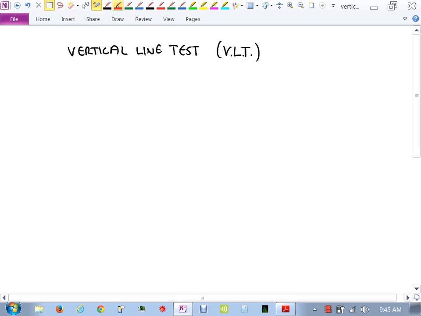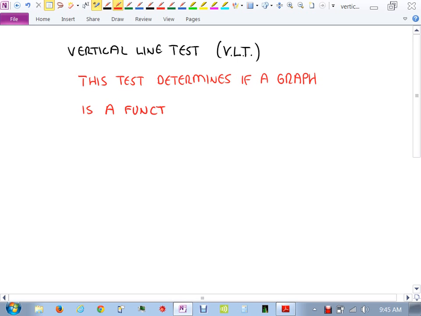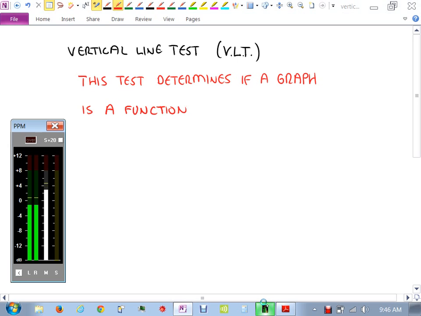So this test determines if a graph, that means a picture that someone's giving you, is a function or not. So is the graph a function or not?